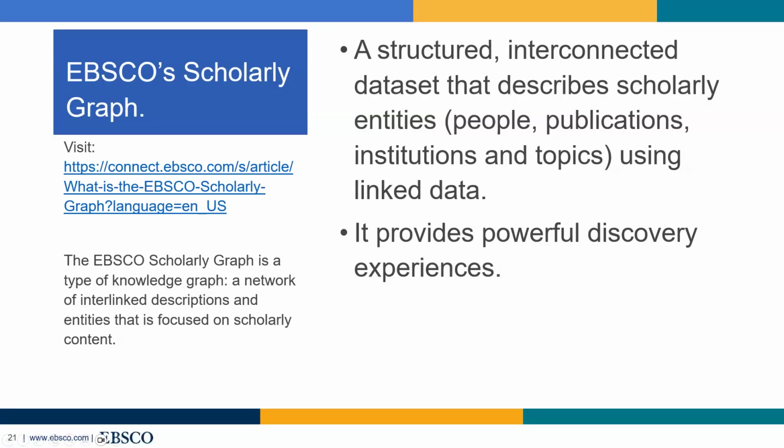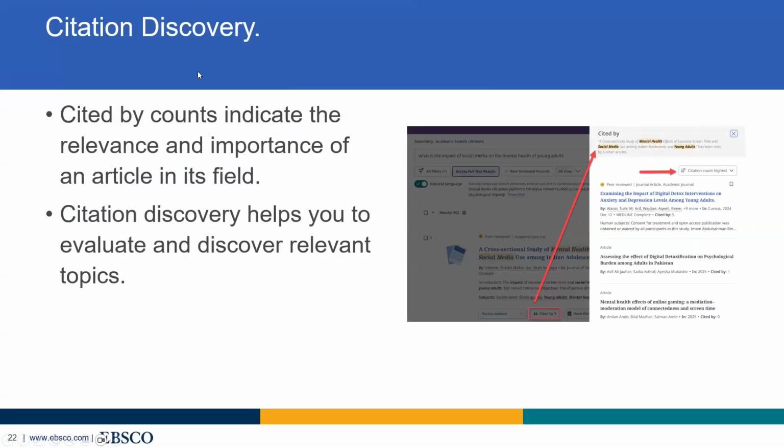ESG has four components, and I have already covered the cited by feature. So we're going to skip the cited by. As mentioned earlier, you can just click on the cited by button and it will generate a list of citations.